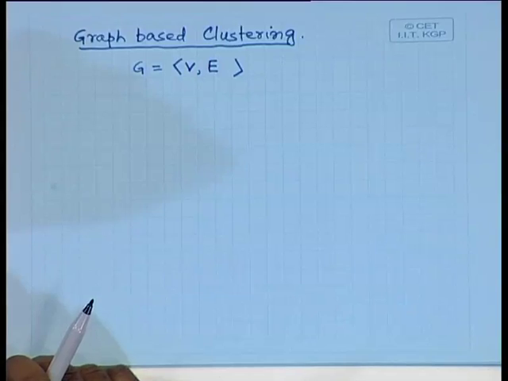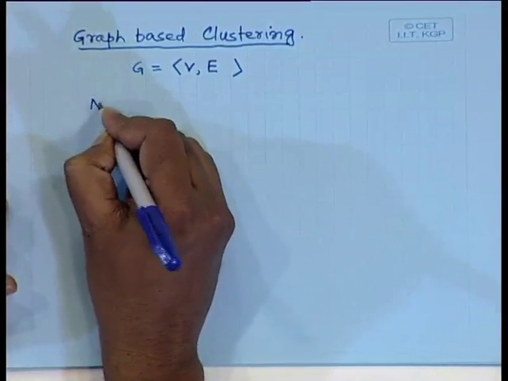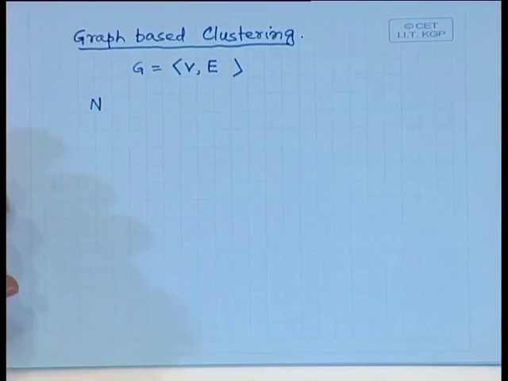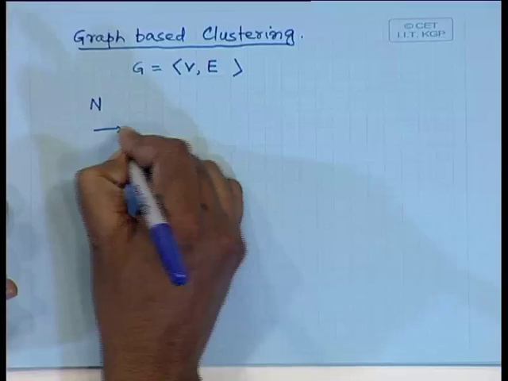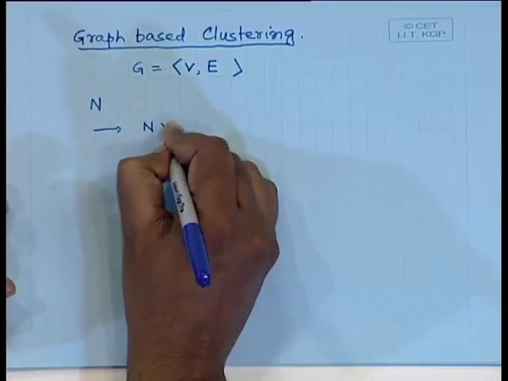Okay. And there are various ways of representing a graph. One way of representing a graph is by a similarity matrix. The similarity matrix is again a two-dimensional matrix. If I have n nodes in the graph, then the similarity matrix is an n by n matrix.